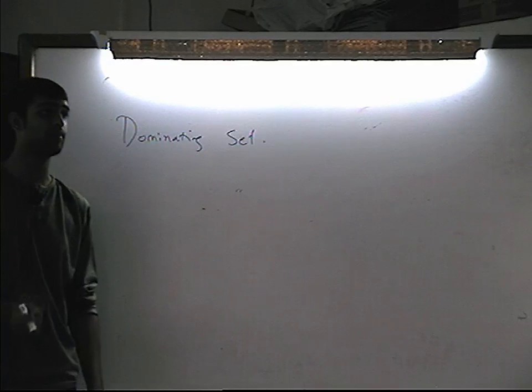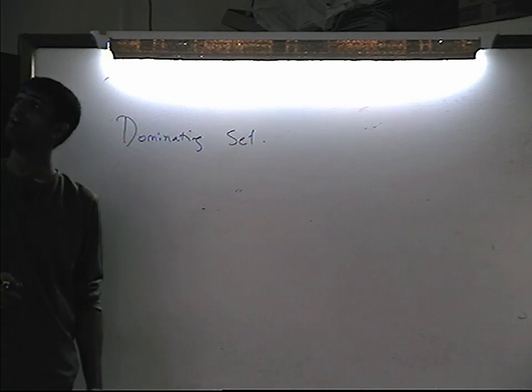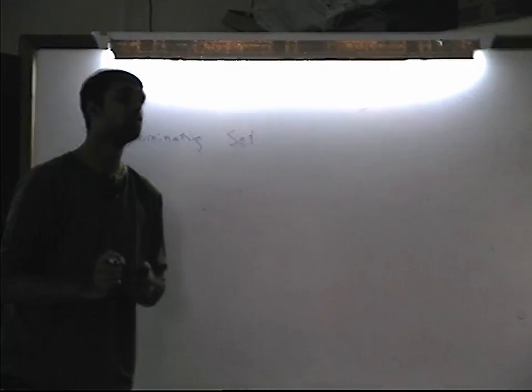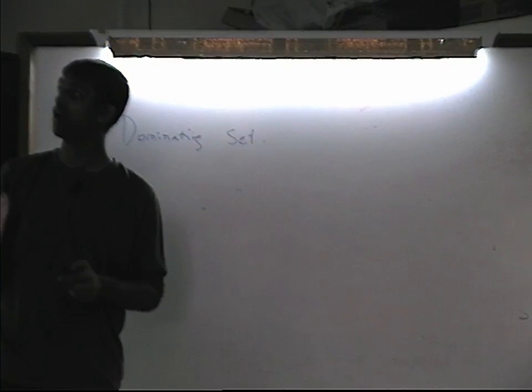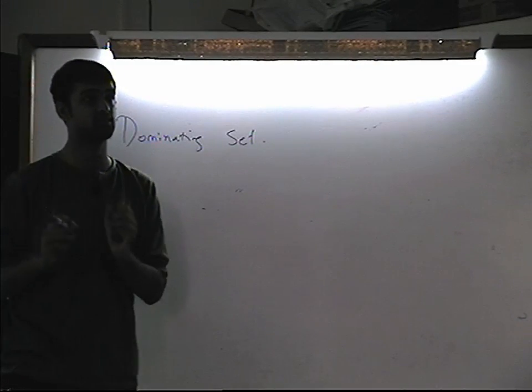A dominating set of a graph is a subset of vertices such that given any vertex in the graph, it is either present in this subset or it is a neighbor of a vertex in this subset.